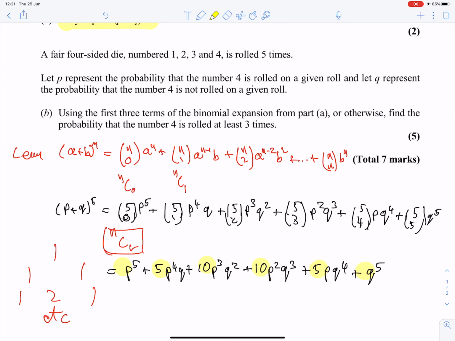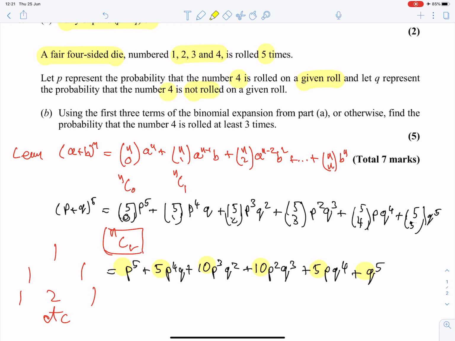Now let's read the rest of the question. Let P represent the probability that the number 4 is rolled on a given roll. It's a fair 4-sided dice, numbered 1, 2, 3, and 4, and it's rolled 5 times. Let Q represent the probability that the number 4 is not rolled.